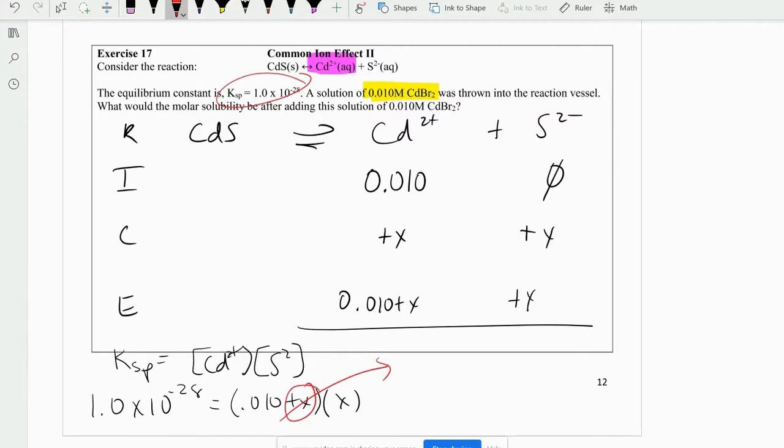If you take 0.010 molarity and add that to an already really small number, you're still going to have a number that is close to 0.010. So in this particular case, we do not have to include this in our calculation, and it simplifies things a lot more. Now, when you solve for X, you should get 1.0 times 10 to the minus 26. This would be the molar solubility after adding in this new cadmium bromide solution.